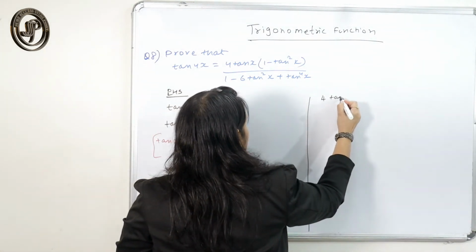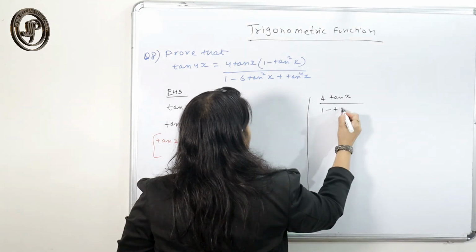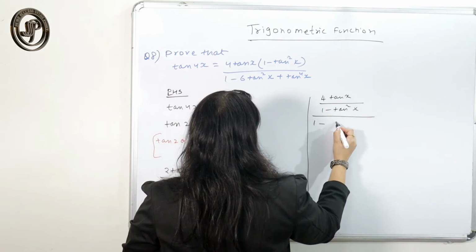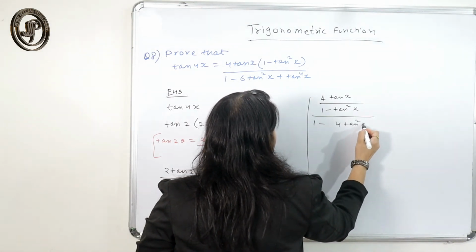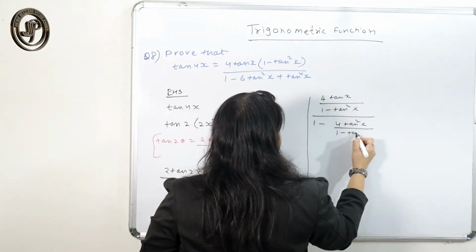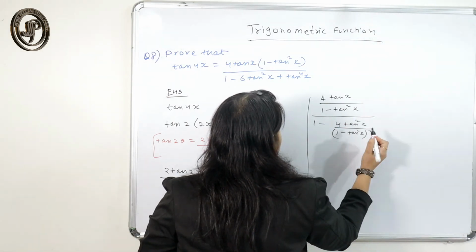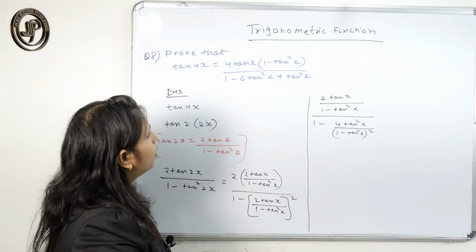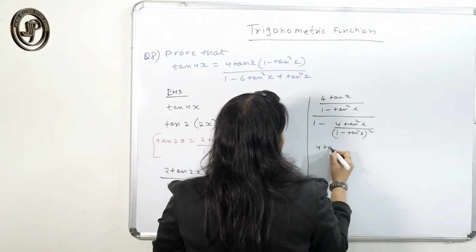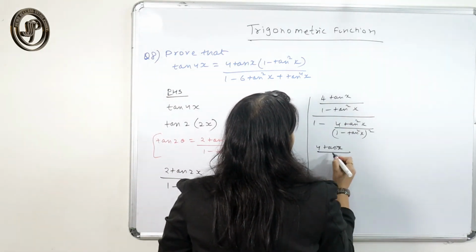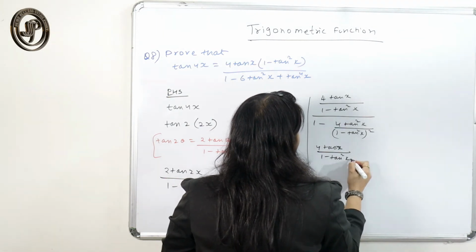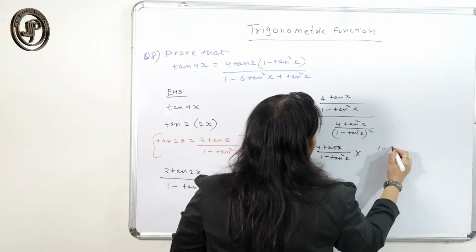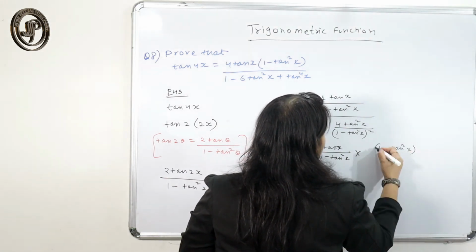It is 4 tan x upon 1 minus tan square x, and if you simplify with this, you will get 4 tan square x upon 1 minus tan square x the whole square, right? If I just open the square of this. Now numerator will be as it is only, and in the denominator, first I need to simplify and then I can take the reciprocal.